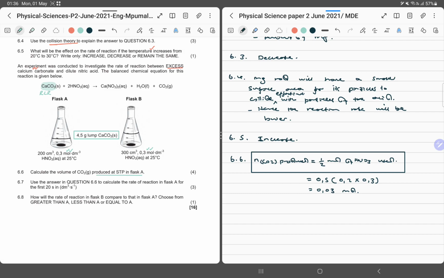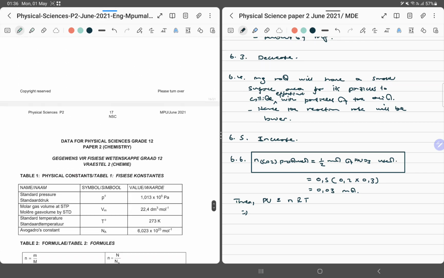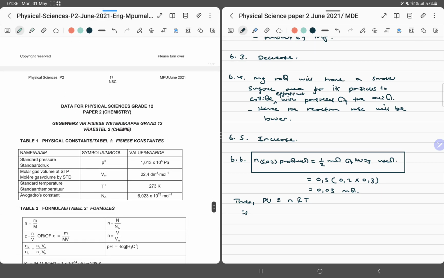But now we are interested in the volume at STP. That means we're going to use our general gas equation. We know that PV is equal to nRT. Standard pressure is 1 atmosphere.